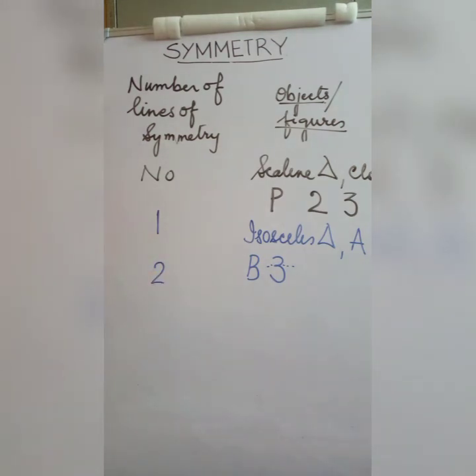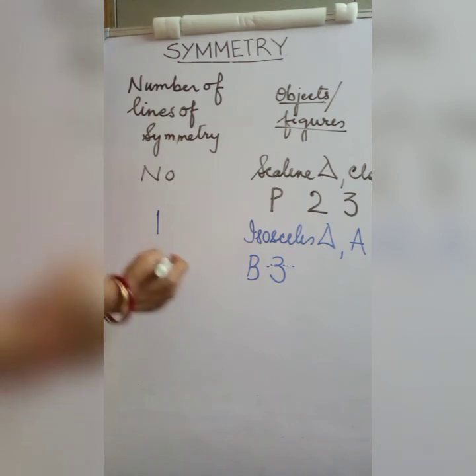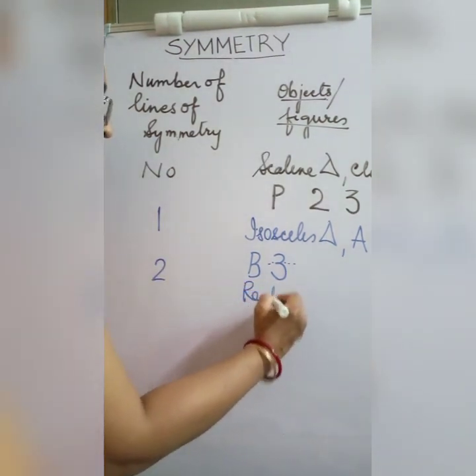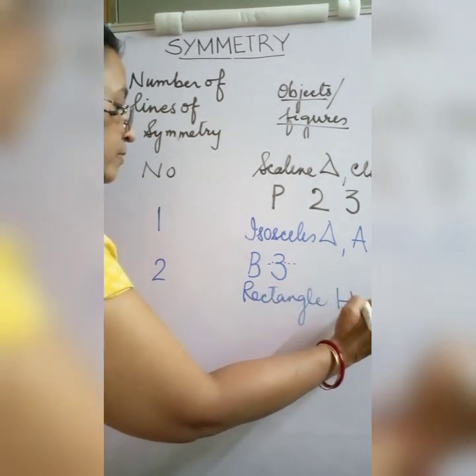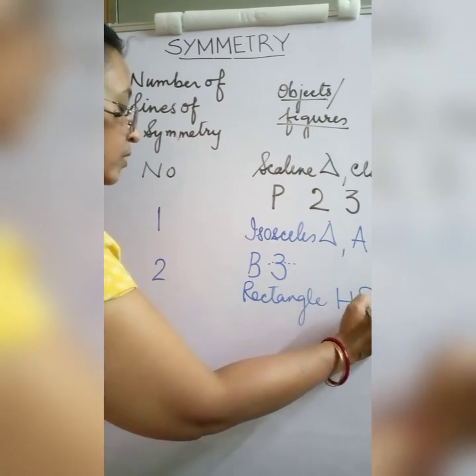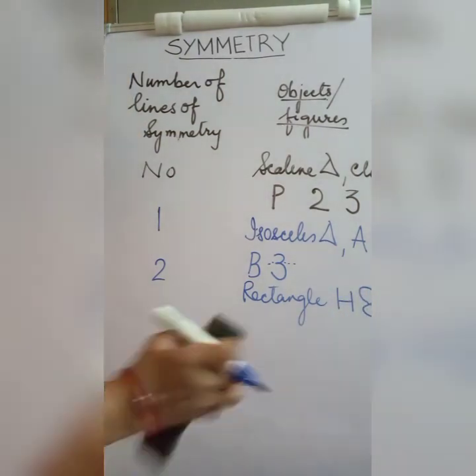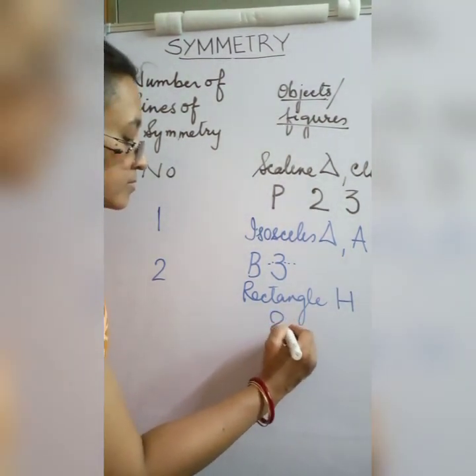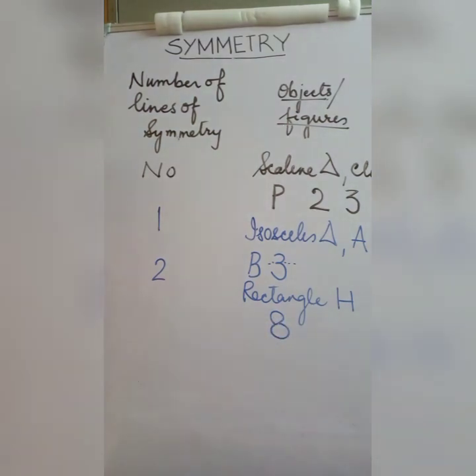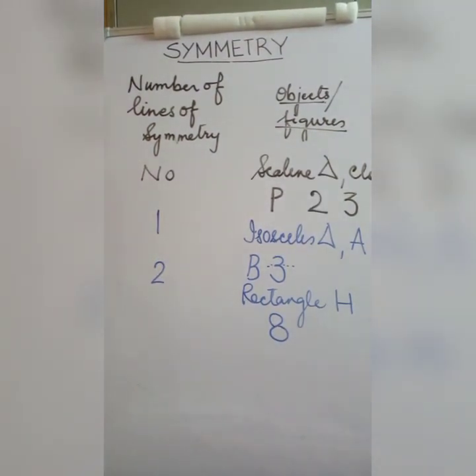For 2 lines of symmetry, we have rectangle, then alphabet H and number 8. Then for 3 lines of symmetry, we have equilateral triangle. For 4 lines of symmetry, we have square. And for infinite lines of symmetry, we have circle, O and 0.